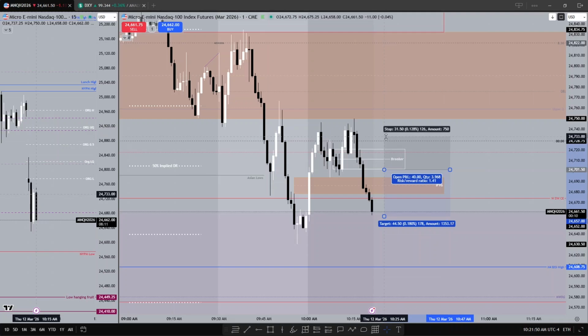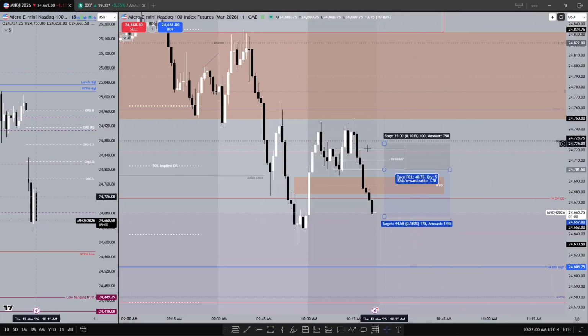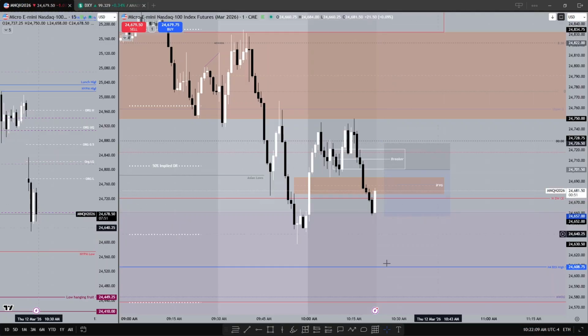If it comes up here, there's a likelihood that it trades to mid-leveling price. If it does, and the breaker fails, then I'm wrong. But it could trade to mid-leveling price, and that will mean the conditions are not as clean.